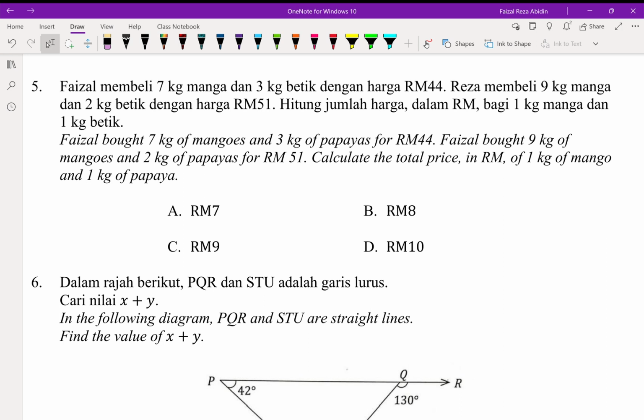Okay, Faizal bought 7 kilogram of mango and 3 kilogram of papayas for 44 ringgit. Yang ni ada kesilapan sikit, sepatutnya nama Reza.